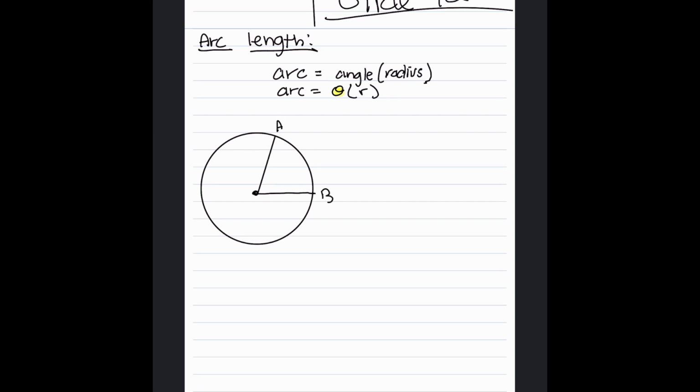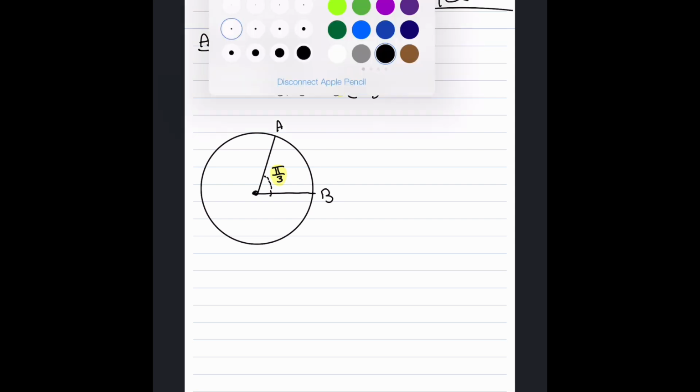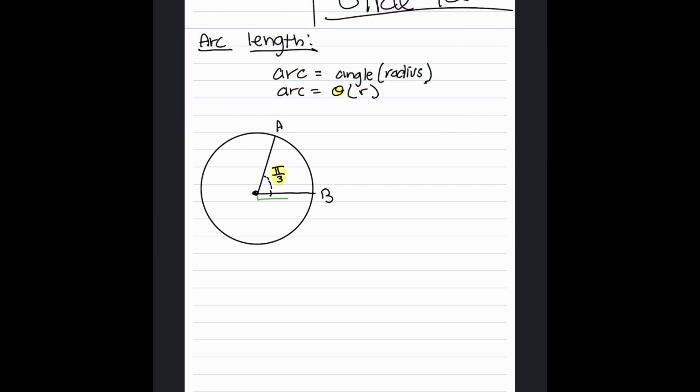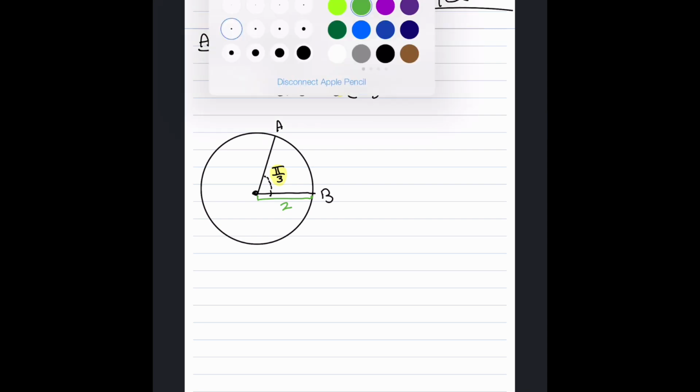It goes from A to B. And notice it says this angle is pi over 3. Now you might be like, that does not sound like an angle. That's an angle in radians, which is totally fine. It's still an angle. And then it shows that from here to here is 2. I did get this circle from slide 12, so I did not just completely make it up.